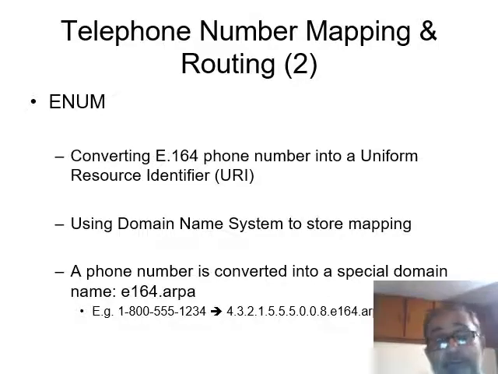What ENUM does is that it converts a telephone number into a URI, or uniform resource identifier. And you can see that it converts it so easily. For example, if it is 1-800-555-1234, it converts it to 4.3.2.1. We are going in reverse, then dot e164, and so on.